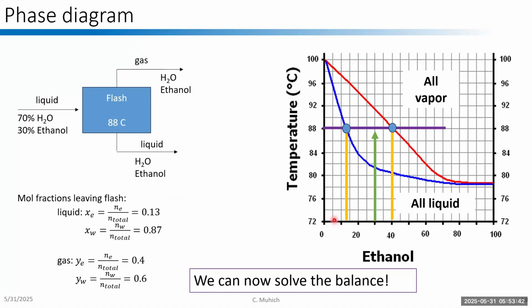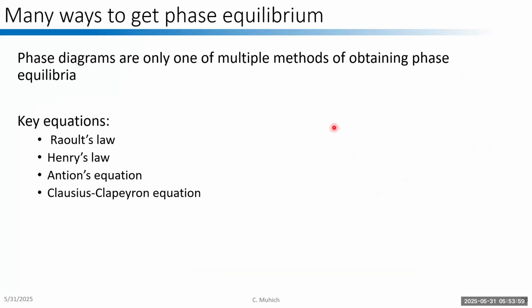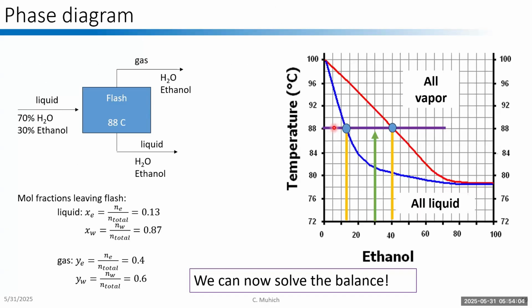Similarly, if I was operating at 88 degrees C and I only had 5% ethanol, I would have no vapor. Everything would be in the liquid phase. Okay, so this is the general idea of phase equilibrium in mass and molar balances.